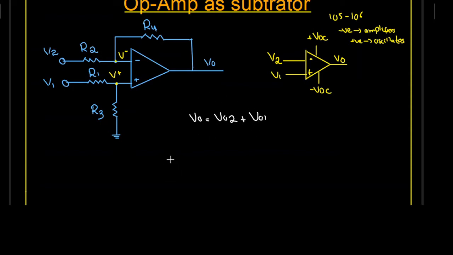So first of all we are going to find VO2. For VO2, I am going to assume that V1 is equal to 0. First I take the effect of V2, and after solving this I take the effect of V1, and then the output will be the sum of the two voltages.